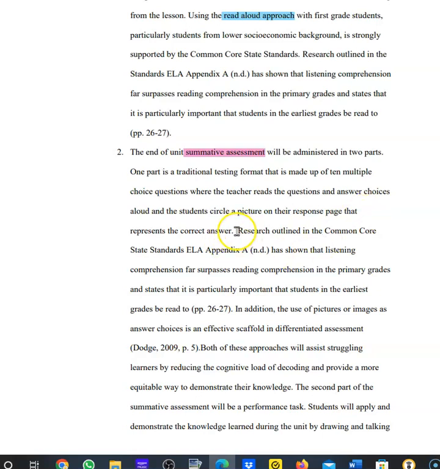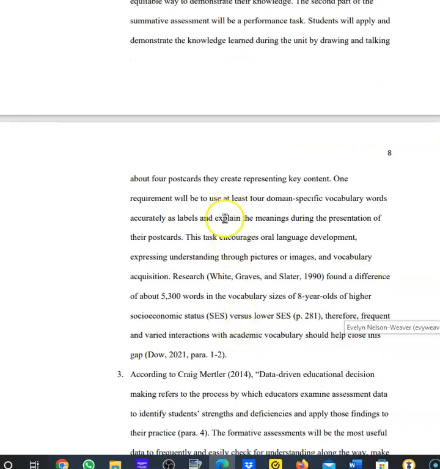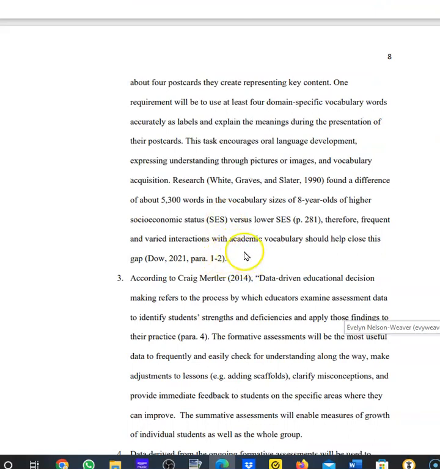And research here is coming in again, because summative needs to be research outlined in the Common Core has shown that listening comprehension far surpasses reading comprehension in the primary grades, and states that it is particularly important that students in the earliest grades be read to. All right, so the teacher's going to be reading in this summative assessment, and that is the correct kind of research to support that. And then in addition, she's got another one because they're also going to use pictures or images. So I hope you understand that this should be detailed and supported with research, preferably from your literature review.